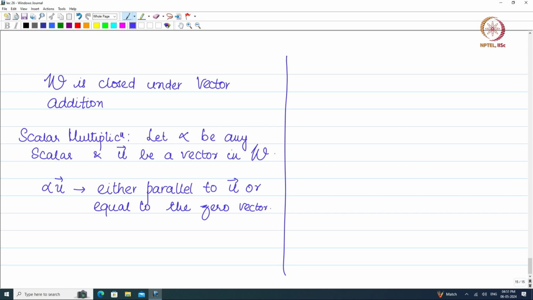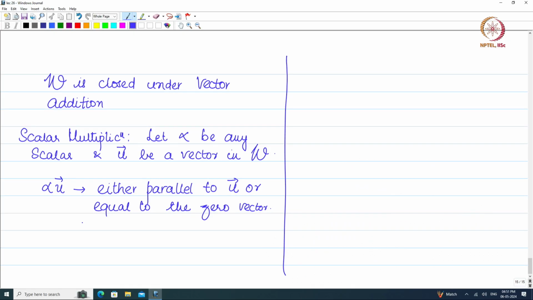Because if you take alpha equal to 0, naturally alpha times u is going to give me the 0 vector, and that 0 vector is there in the plane, because the initial point of all the vectors we have taken is at the origin. So, alpha u is either parallel to u or is equal to the 0 vector.